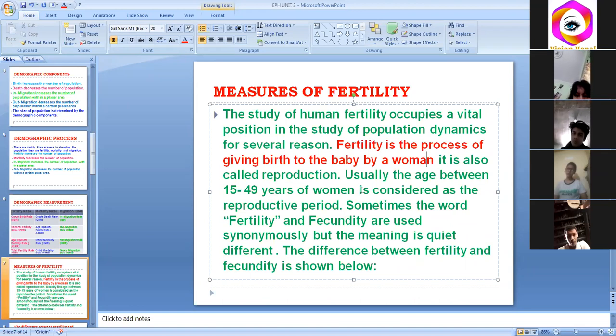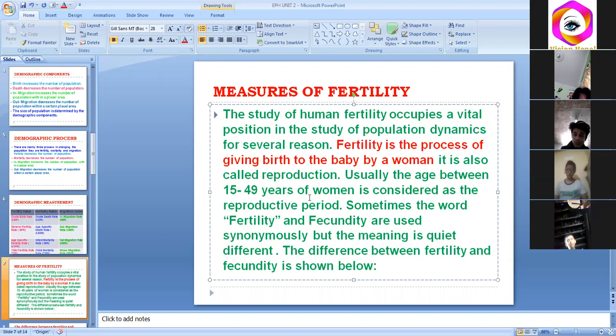But it is also called reproduction. Usually the age between 15 to 49 years of women is considered as the reproductive period. Sometimes the words fertility and fecundity are used synonymously, but the meaning is quite different.